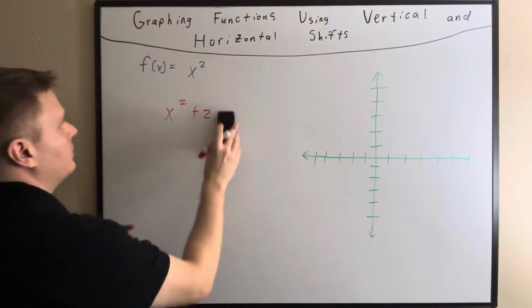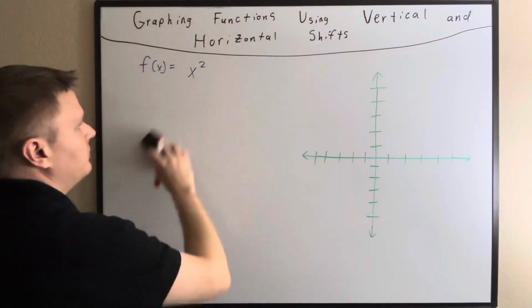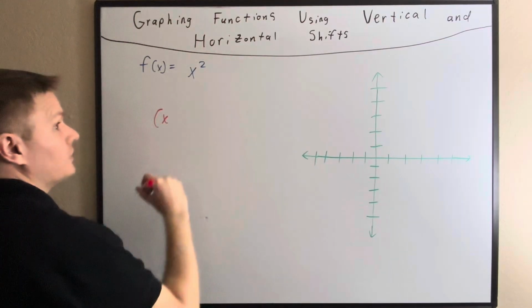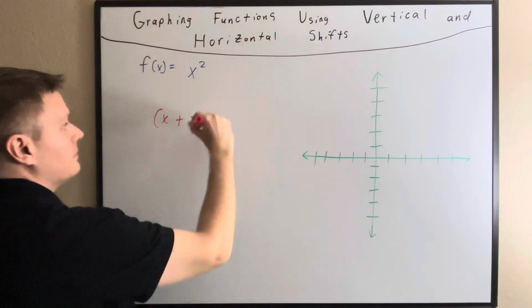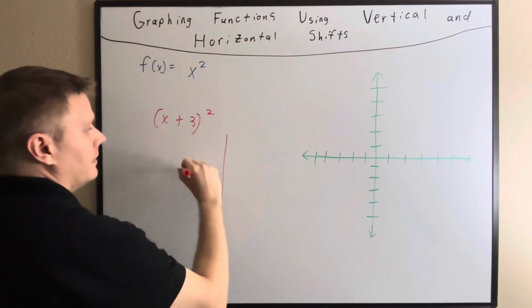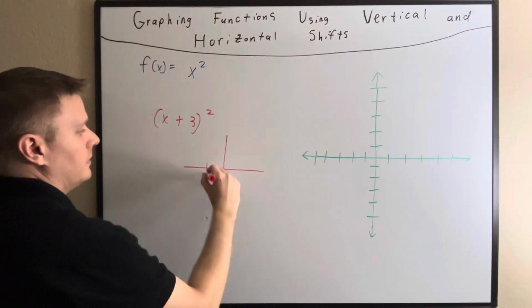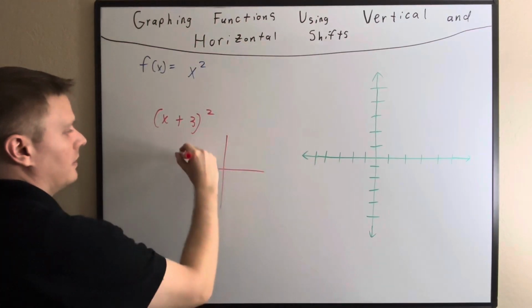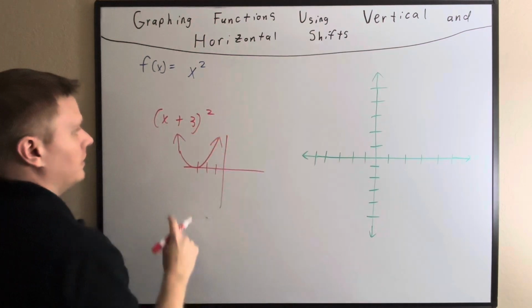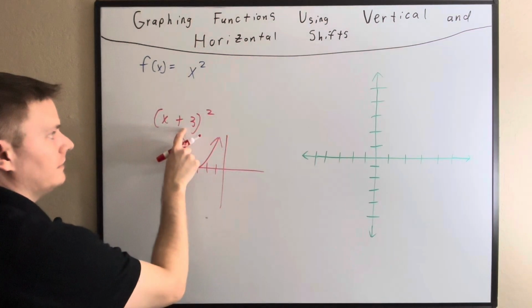And if we wanted to shift it to the left, we would say x plus 3, quantity squared, right? Which means it would go 1, 2, 3. So we're adding, right?